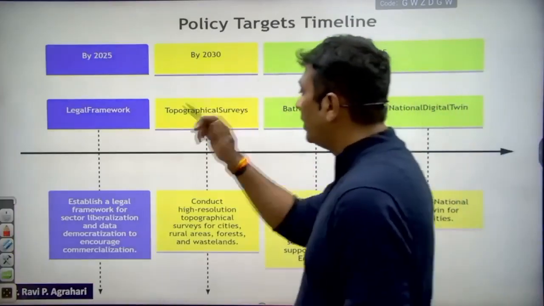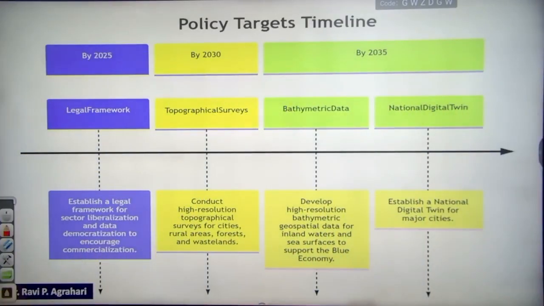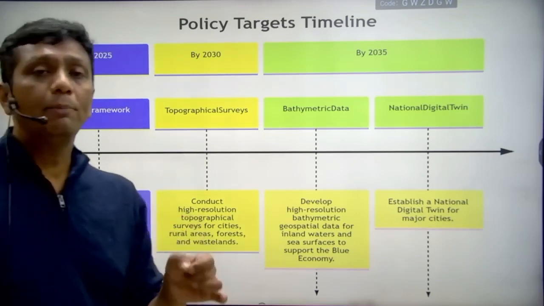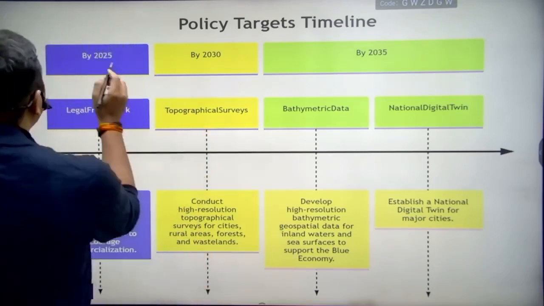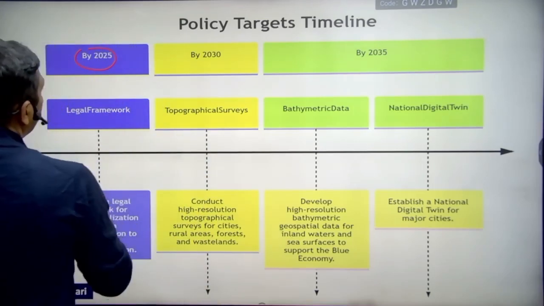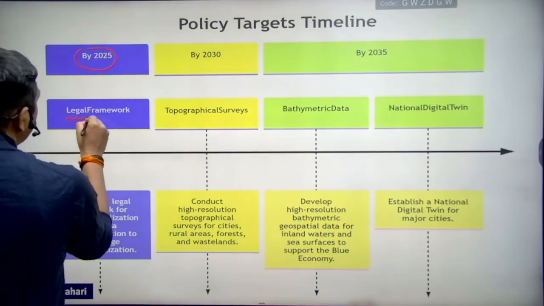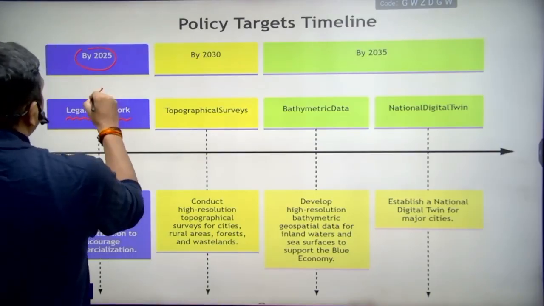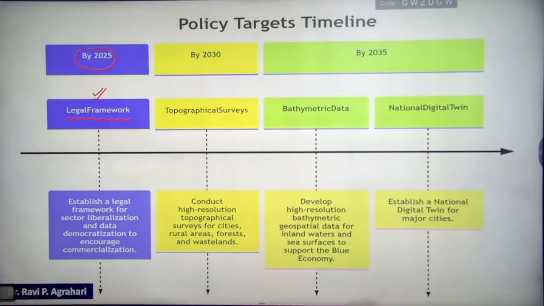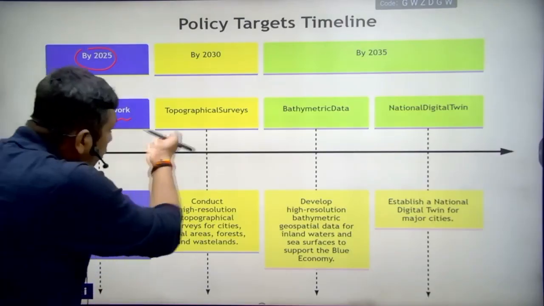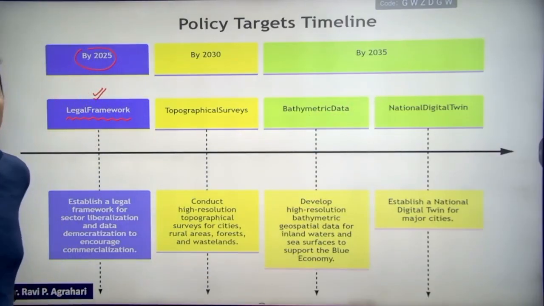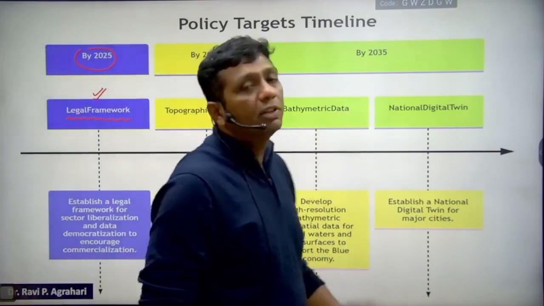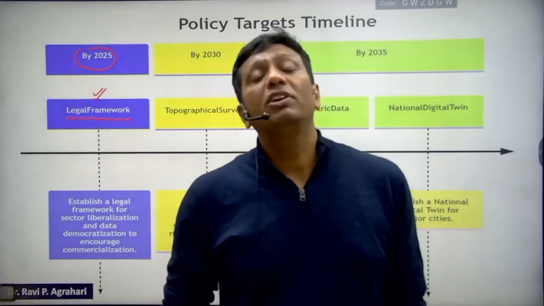Next, see, what about the policy targets? Actually, time to time, under this policy there are various targets, and we have to achieve those targets. By 2020-25, through the help of geospatial policies, Operation Dronagiri will definitely boost these kinds of targets, and all these targets will be achieved with the help of geospatial technology data.